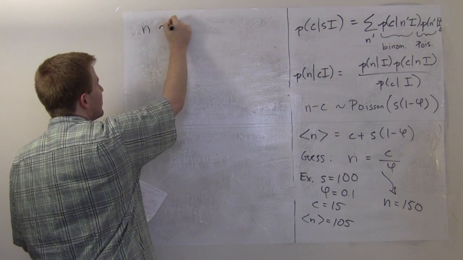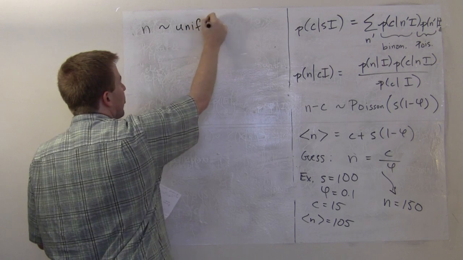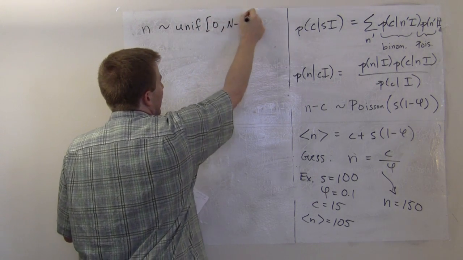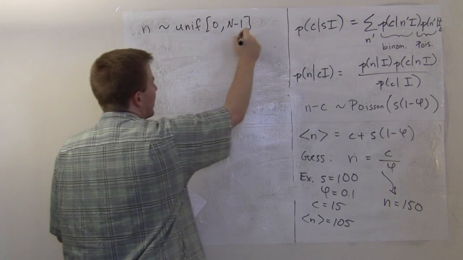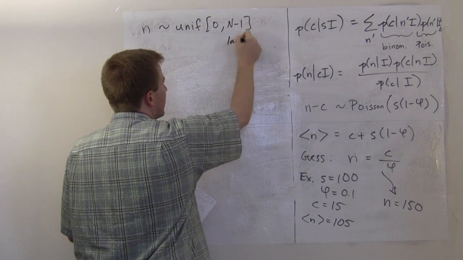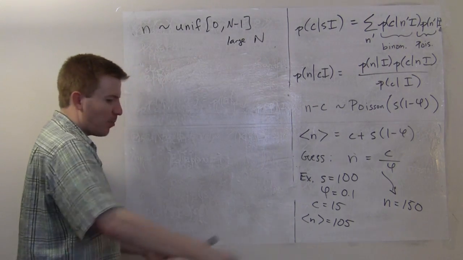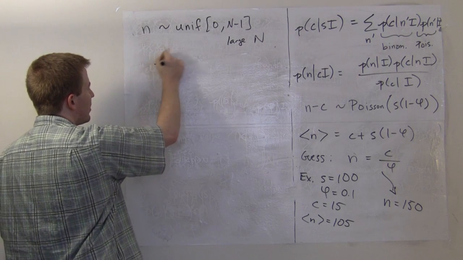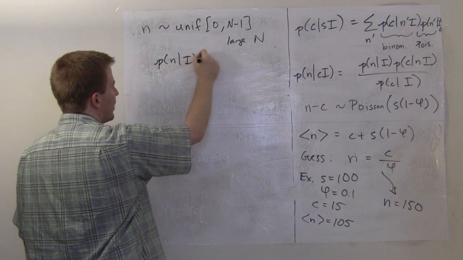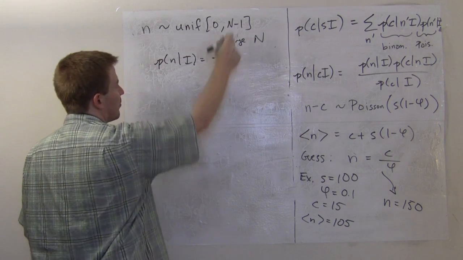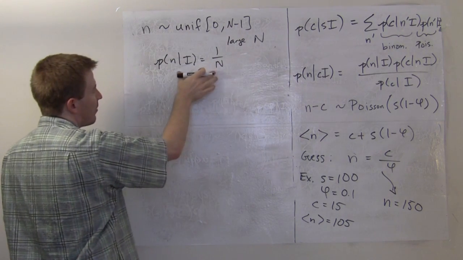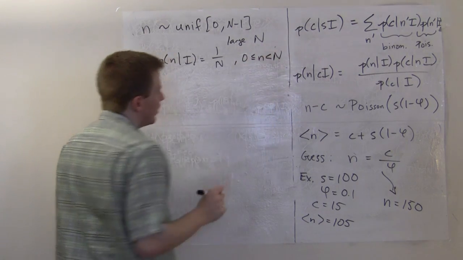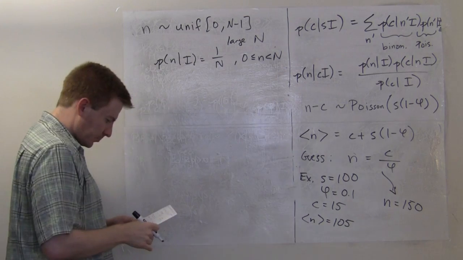Instead, we thought about n as just being a uniformly distributed quantity on, let's say, the range from 0 to N minus 1 for some large N. So we can get any number of particles between 0 and N. What that means is that our prior assignment might be like 1 over N. This is the reason for the N minus 1, that now we have N total values for n.